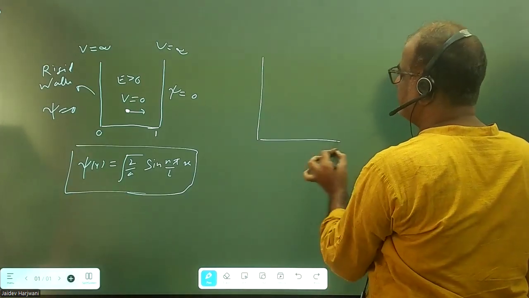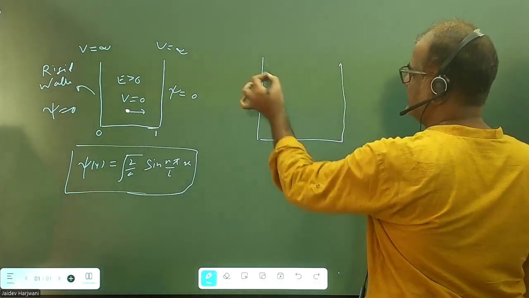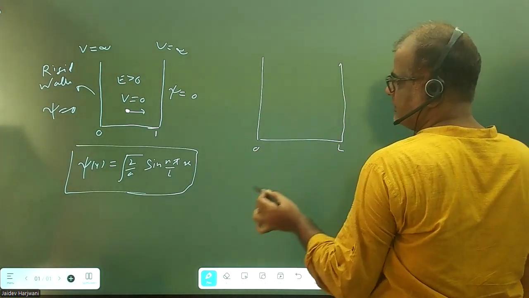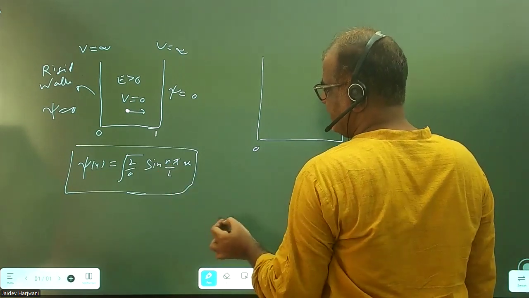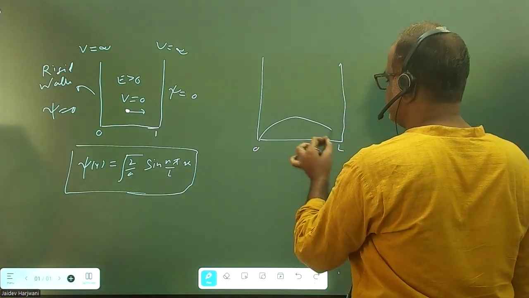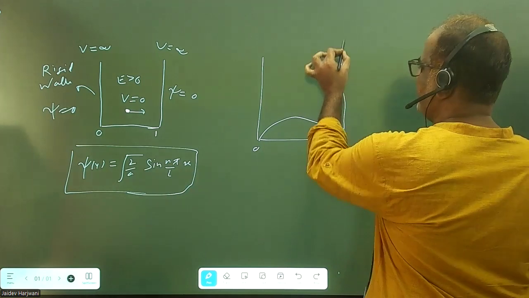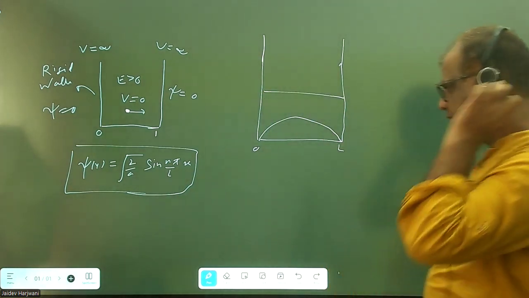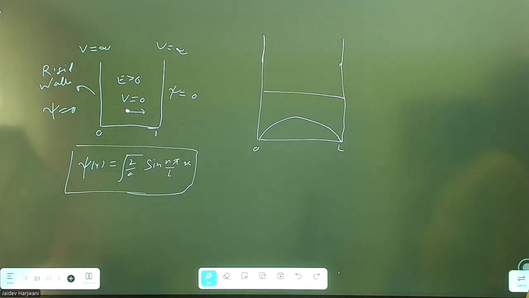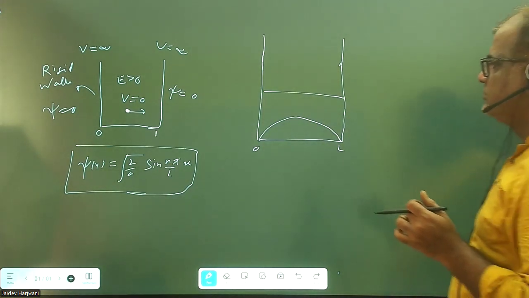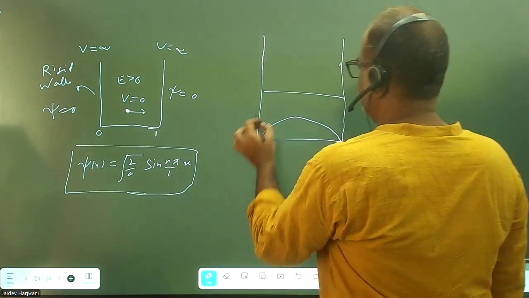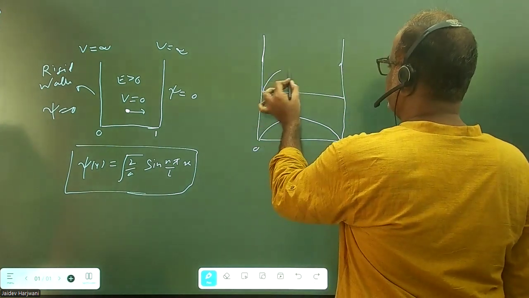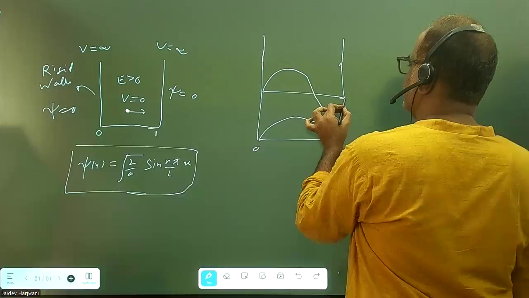If I draw the functions from 0 to L, the ground state, n equal to 1, will be like this. Similarly, if I say n equal to 2, then this will be like this.